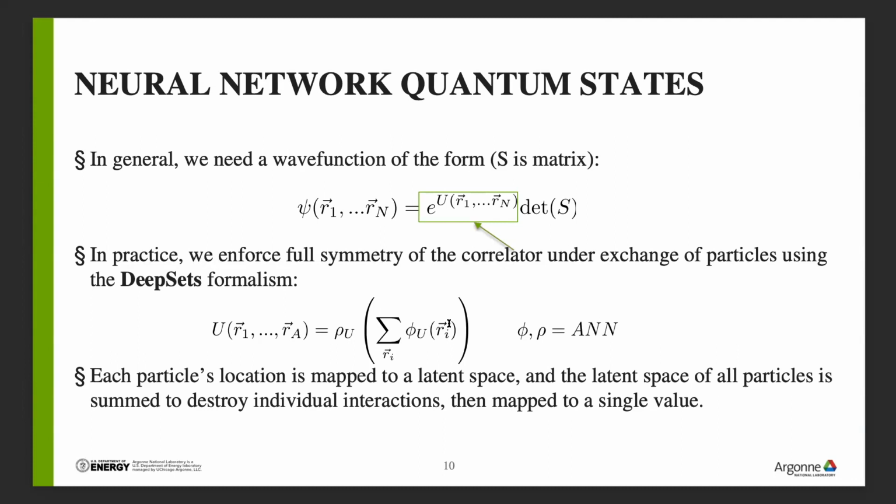In our case, this gives us a physics constraint and says that the particles are totally identical under interchange in this correlator formalism. The exact details here, again, are simple multi-layer perceptrons, machine learning networks. There's this phi network, which works on every single particle. And then we sum up the output of all those phis into a latent space, and we put it through another neural network. And that turns out to be enough to encode the correlations.